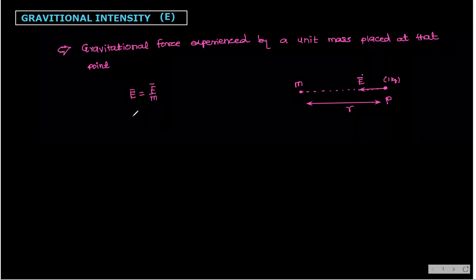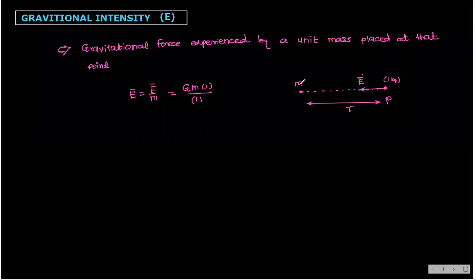What will be the force? Tell me. This m means unit mass. So this is equal to G small m, and this m is also 1 kg, or else you can keep here a capital M also.